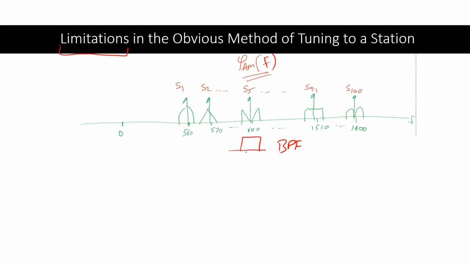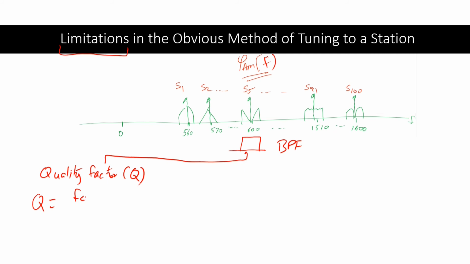This filter can be quantified by means of a quality factor, which we refer to as Q. And this Q is linked with the carrier frequency Fc and is inversely proportional to the bandwidth.